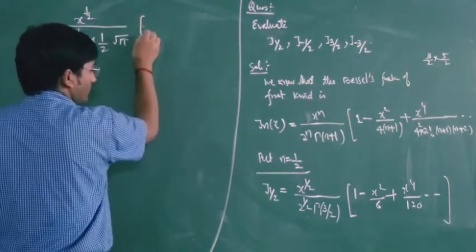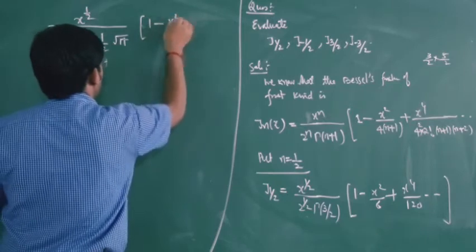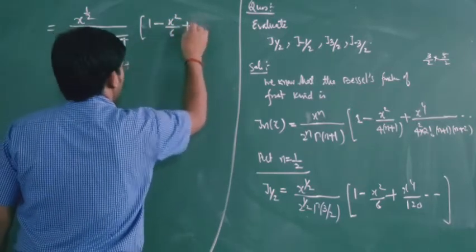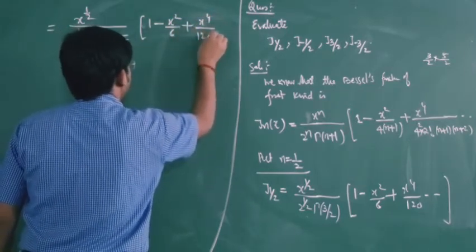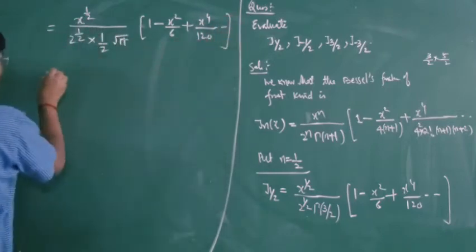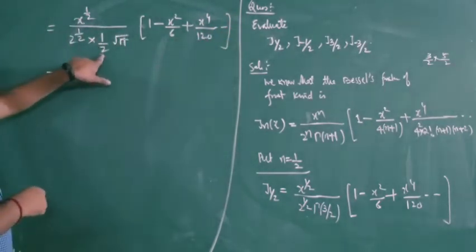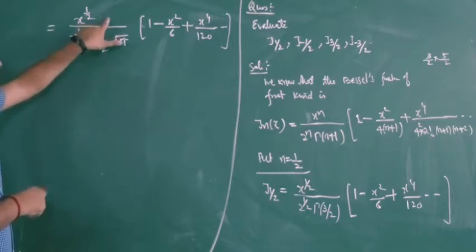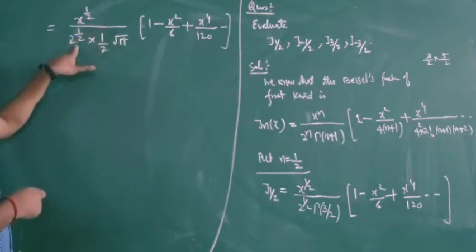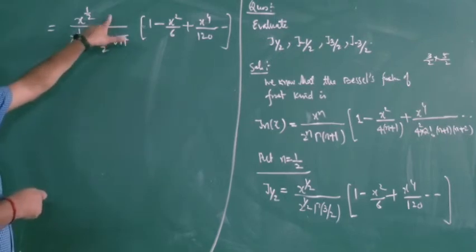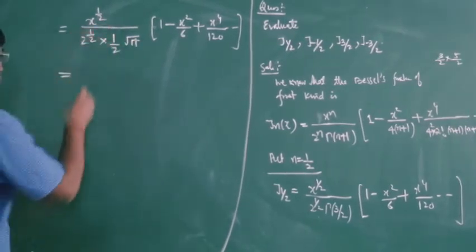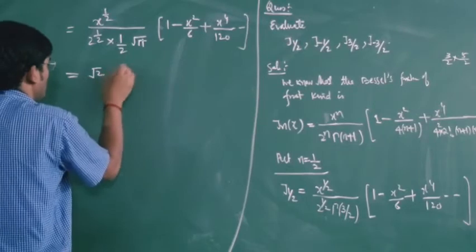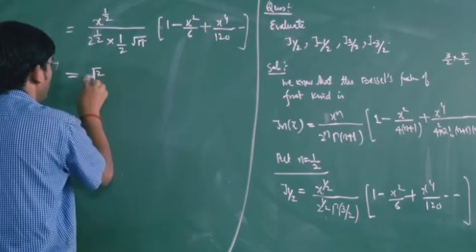And in the bracket we have 1 minus x square upon 6 plus x power 4 upon 120. Now if you take this 2 in the numerator, this will be root 2, as 2 can be written as root 2 whole square. So we will have root 2 here in the numerator. So now here we have root pi.